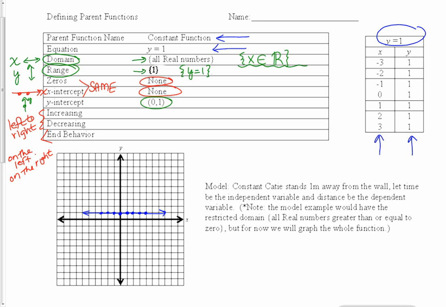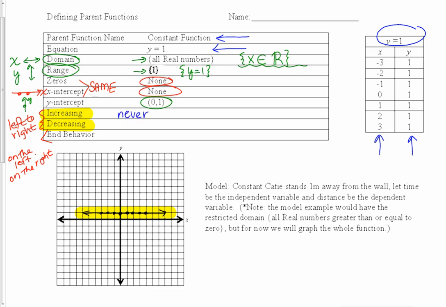So as my graph travels from left to right, what's going on here? Am I increasing? If I were increasing, I would need to be going up. I'm not going up. Am I decreasing? To be decreasing, I'd have to be going down. This one's flat. It's a constant function. So this is going to be never for each of these.